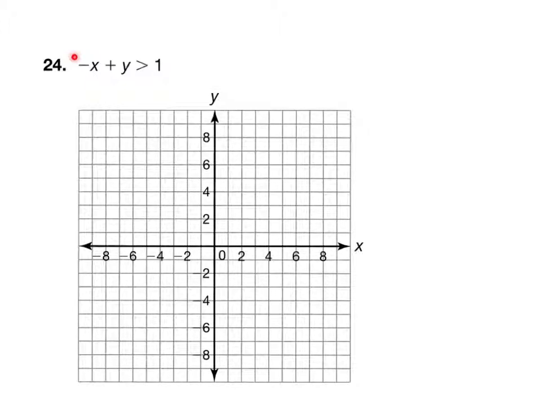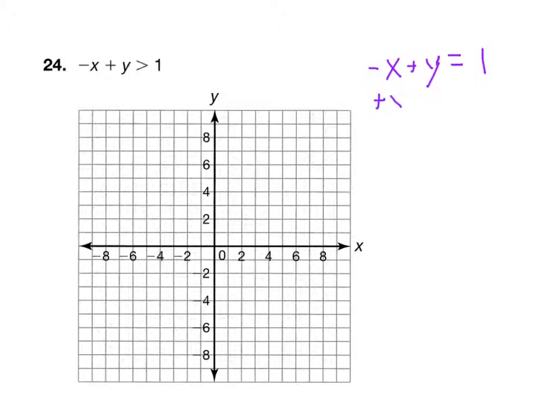So again, I just pretend that this is the same as that. Now, how would I put this into y equals form like Dom said? Oh, you add the x, so you put it on the other side.